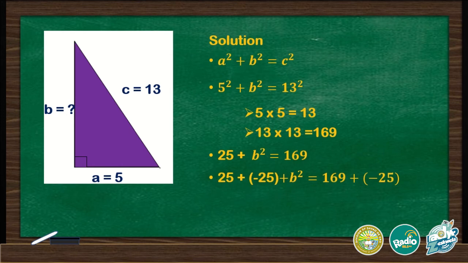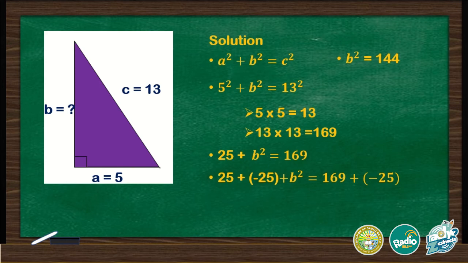It becomes 25 plus negative 25 plus b squared equals 169 plus negative 25. And once it is simplified, it will become b squared equals 144.